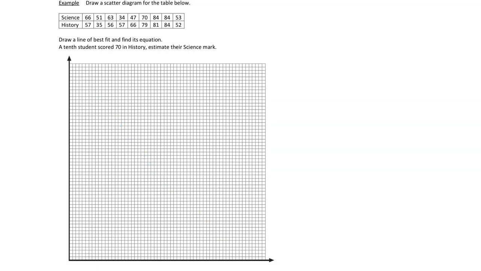Okay, first thing to do in this is to look at your data, your information here. It says science and history. You've got all different values. And have a look at a few of the lowest values that you've got. So the lowest values for science, you've got a 61, 51, you've got a 34 there. 34 seems to be the lowest in science. In history, the lowest one is 35.